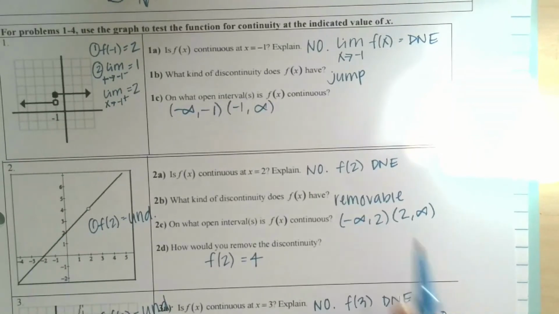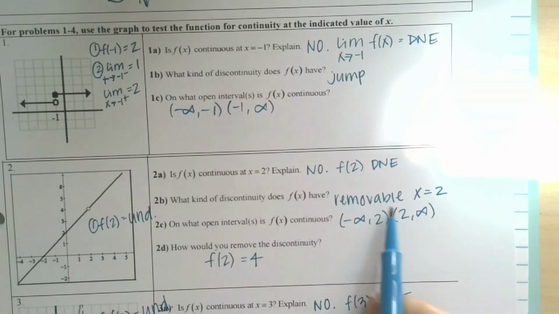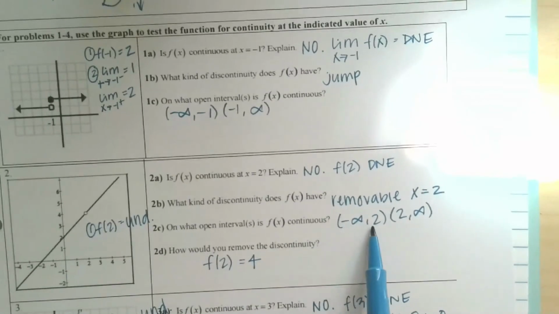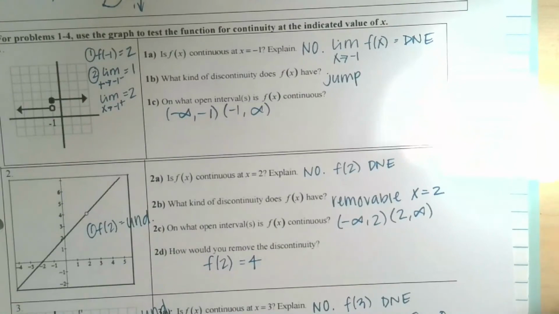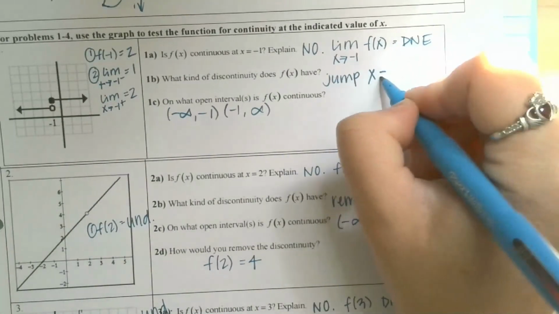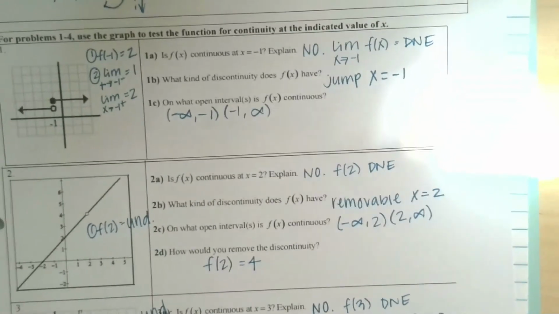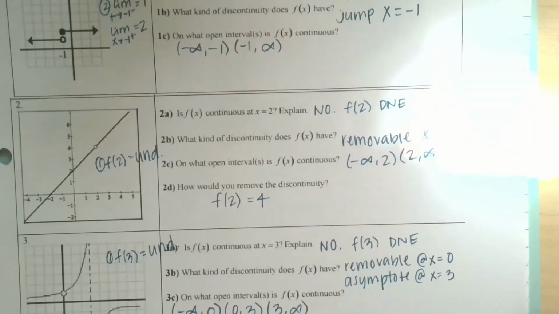Our removable discontinuity was at x equals 2, and in our interval, that was the point in which we ran into our issue. We can go from negative infinity to 2 to infinity. Same thing up here at negative 1. In example 1, our jump discontinuity was at x equals negative 1, and so that was our point in our interval. That's just another way to look at it, if that works better for you.